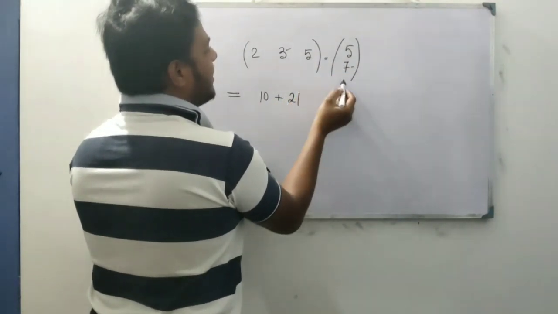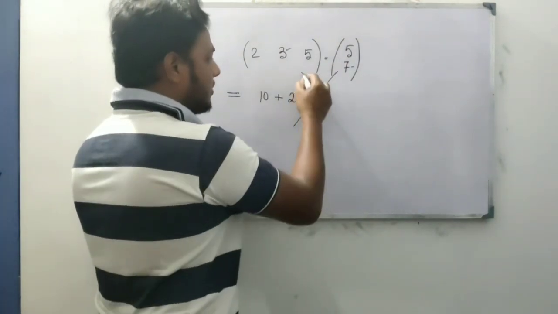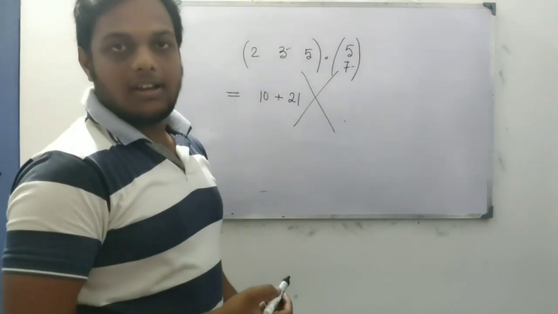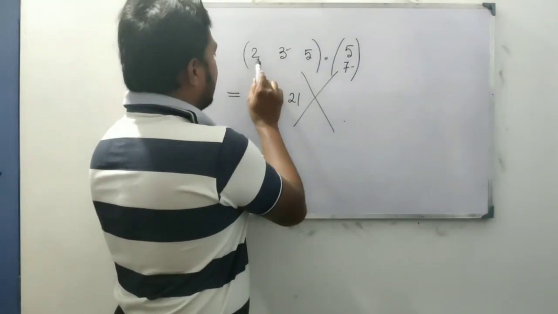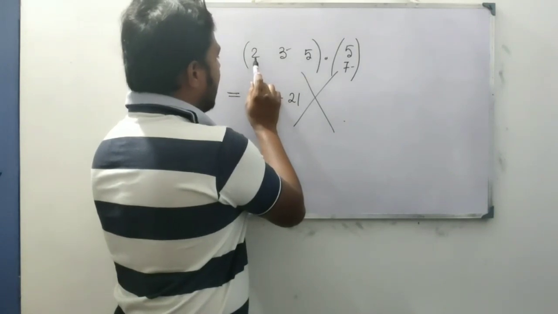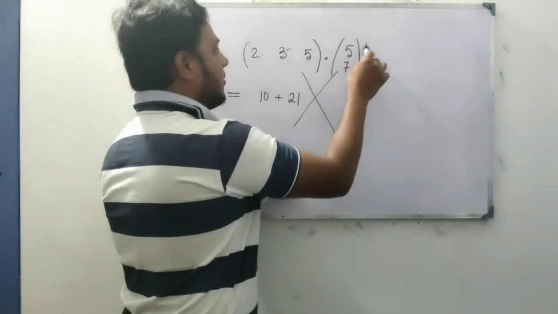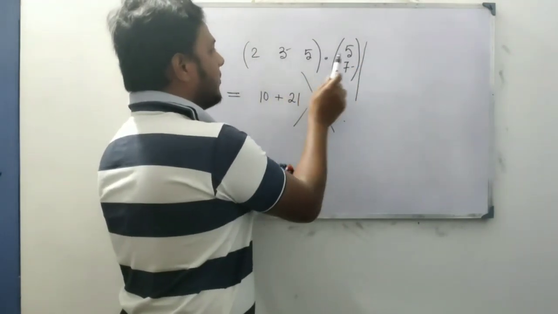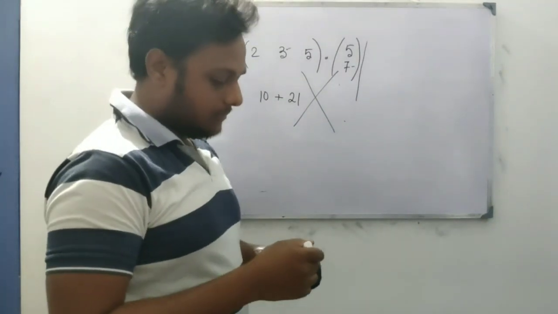So no element is there to multiply with 5. So the inner product is not possible here. So when is the inner product possible? Only when the number of entries in the row matrix is equal to the number of entries in the column matrix. See, here the number of entries is 3, but here only 2. We need 3 elements here. Clear?